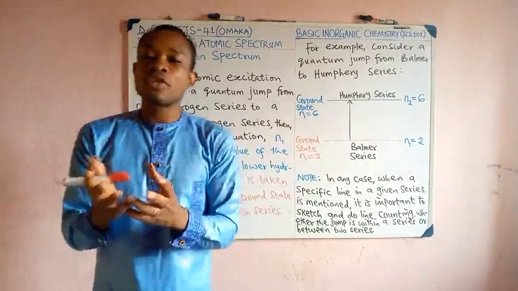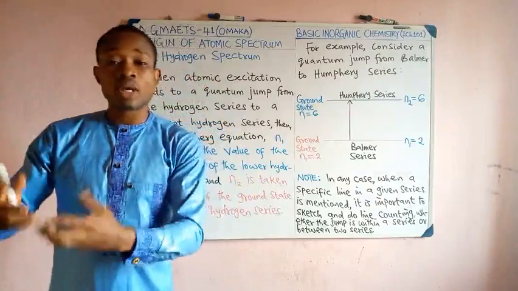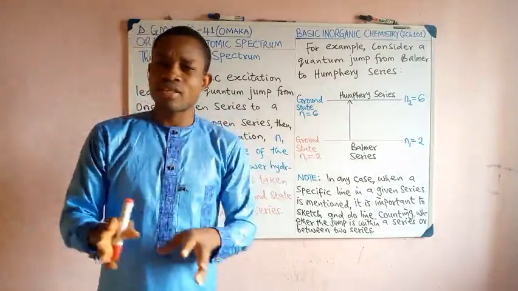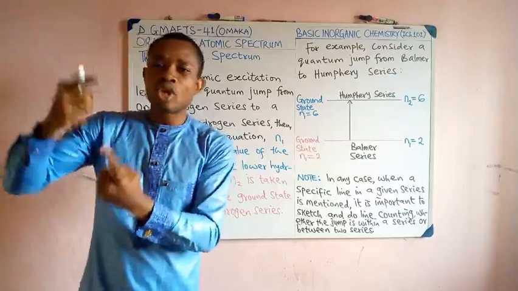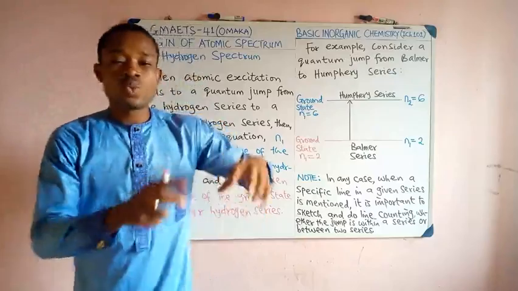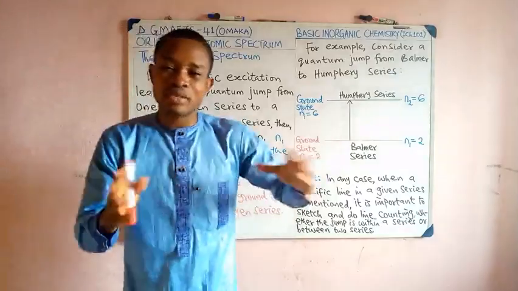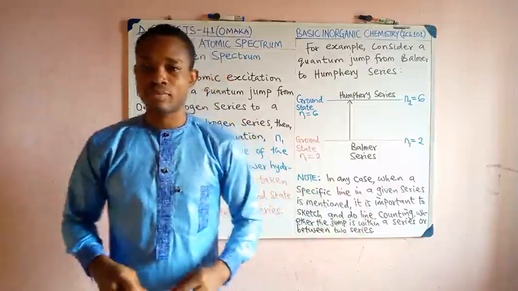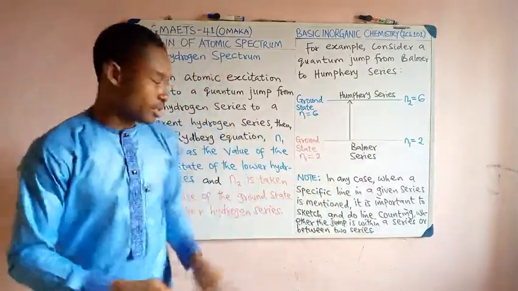Now, having considered the electron quantum jump in two different cases, one, when the jump is within the same series, and two, when the jump is between two different series, I want to state a powerful point under this note.